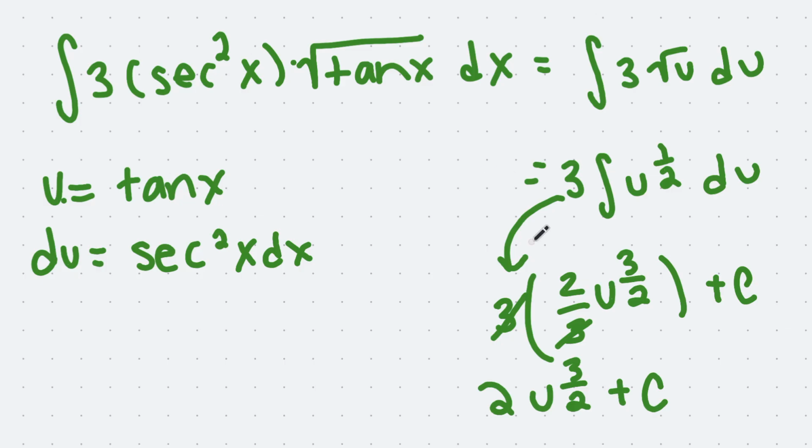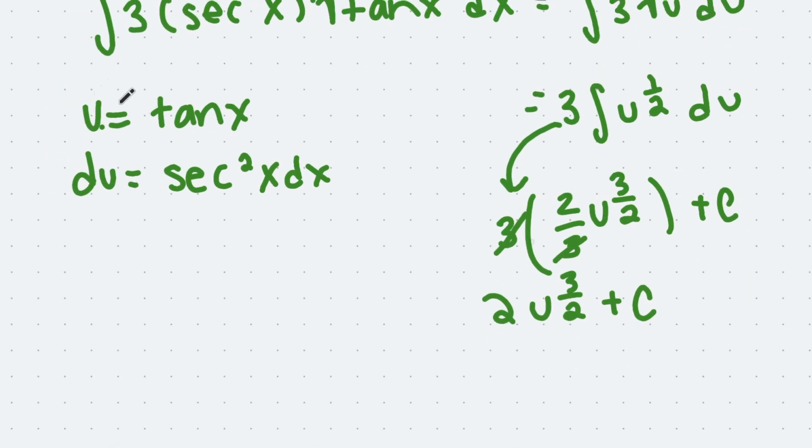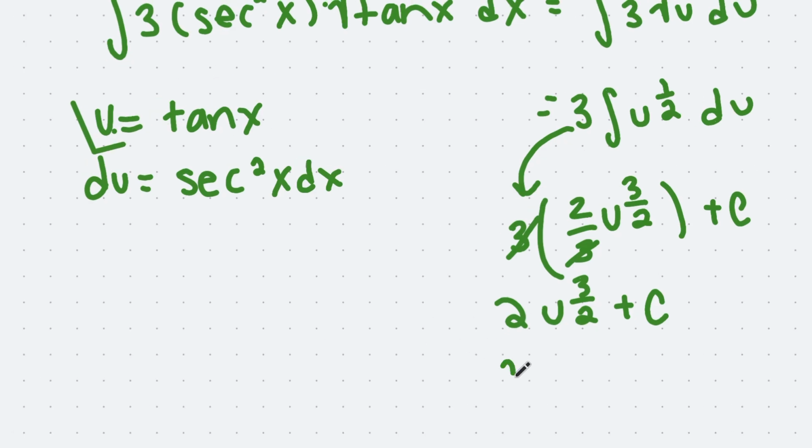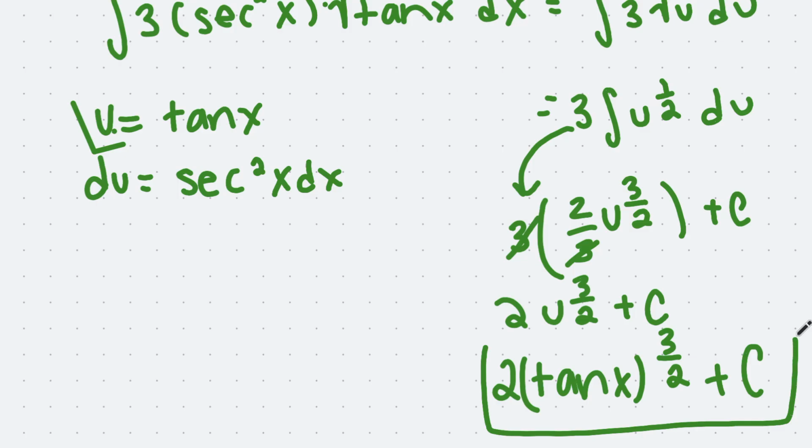We know that u is equal to tan x, so we will now substitute u with tan x to get our final answer of 2 times tan x to the 3/2 plus c, and that gets us our answer.